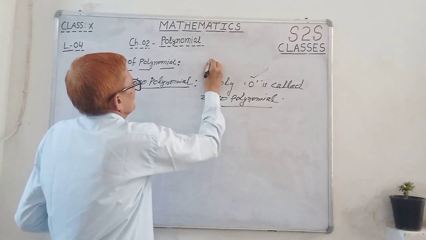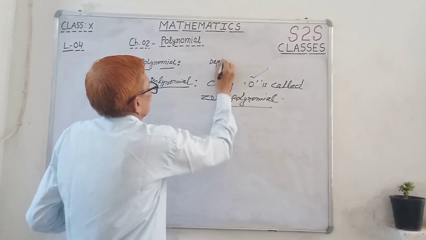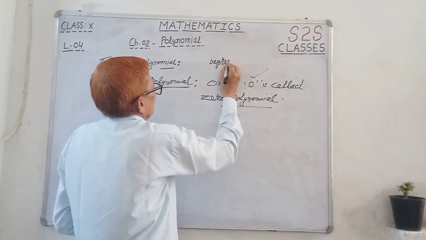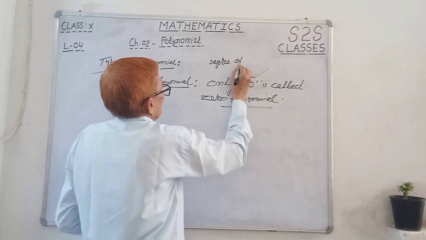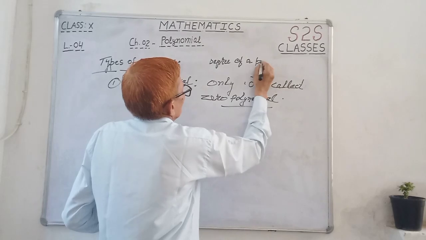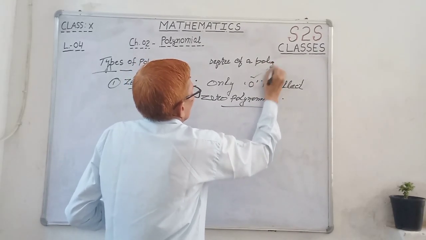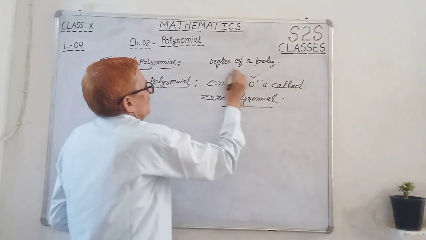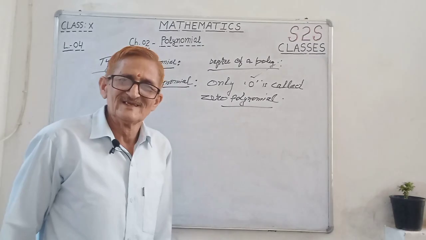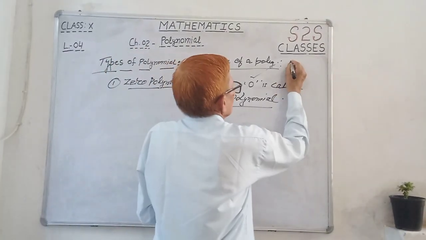The highest power of the variable in that polynomial is called the degree of the polynomial.